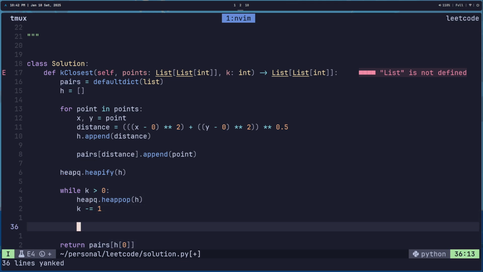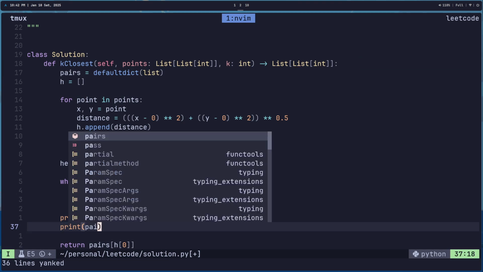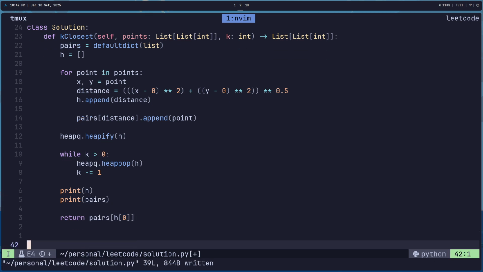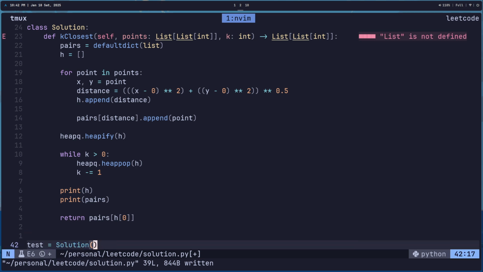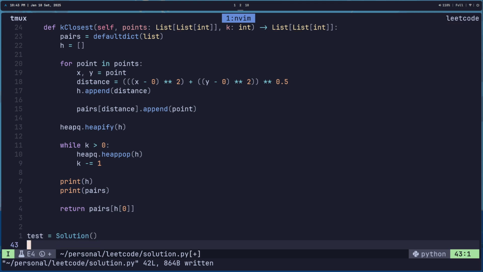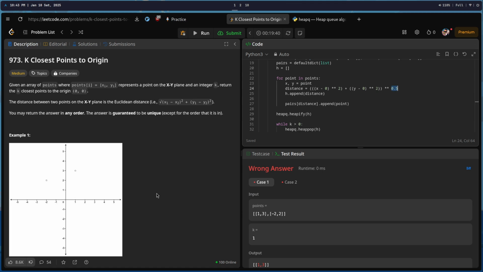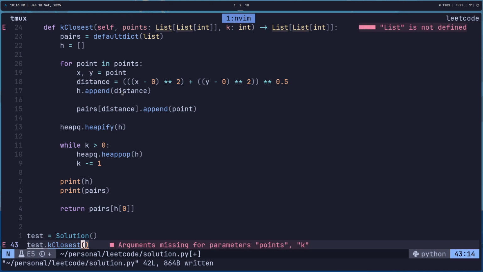I want to see how print age and pairs. Test dot. Okay, close this. Let's put in this here. Well, 1.